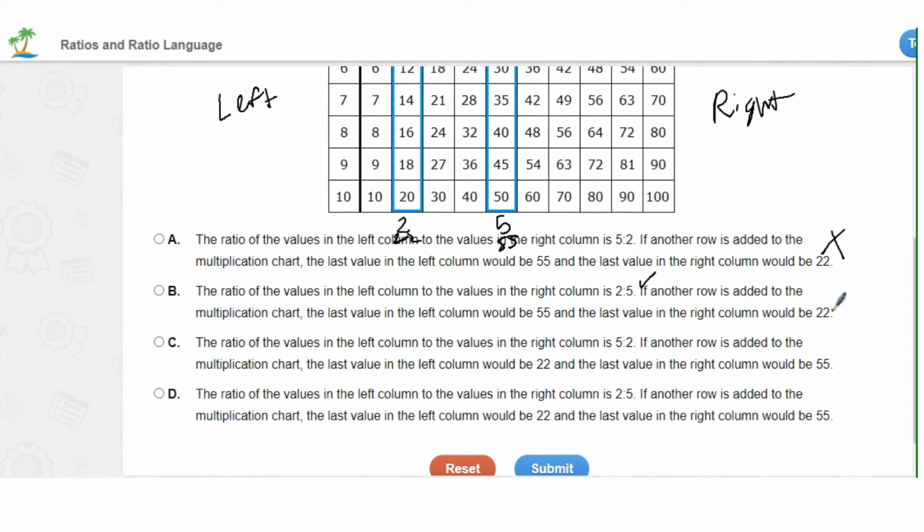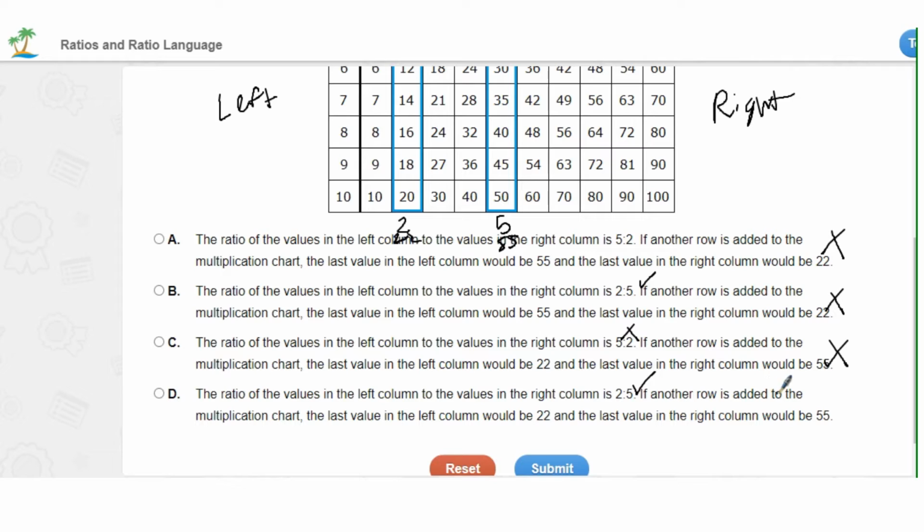So since the second statement is false, I'm going to keep reading. The ratio of the values to the left column and the values on the right is 5 to 2. No, it should be 2 to 5. I'm going to eliminate that one because this sentence is incorrect, and I'm going to check the last one. The ratio of the values in the left, that's here, to the values in the right over here is 5 to 2. That is true. Let's keep reading.